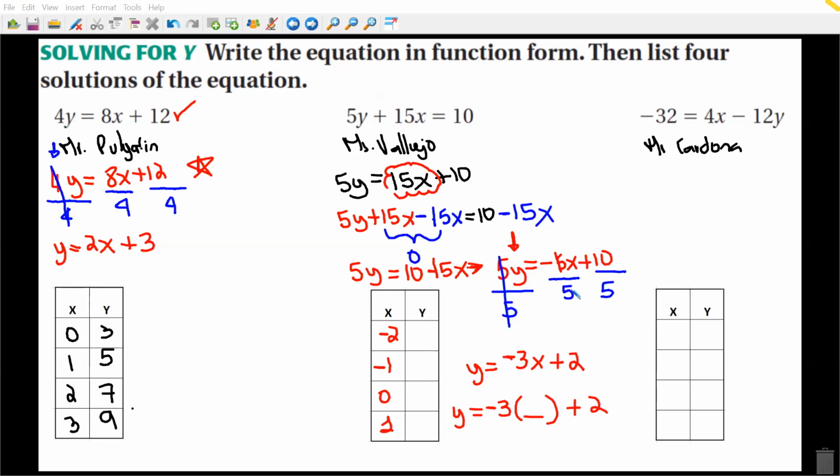Okay, so -3 times -2, what's the answer? 6, 6 plus 2? 8. Excellent. -1 times -3, 3, plus 2. 5. Next number.